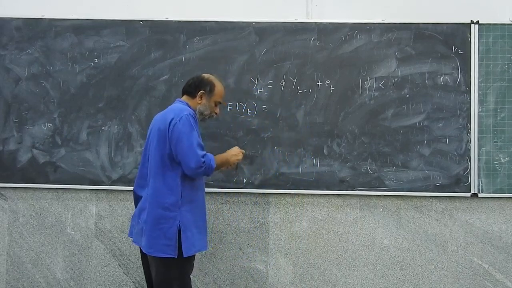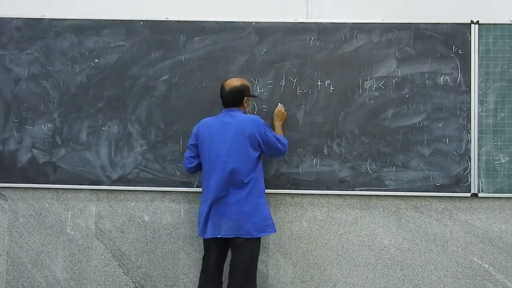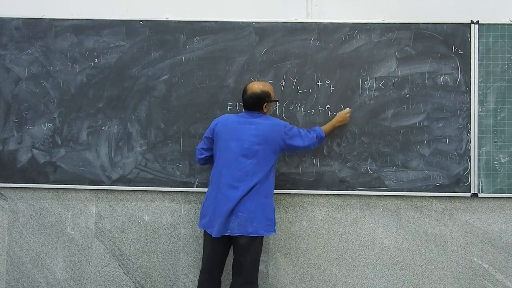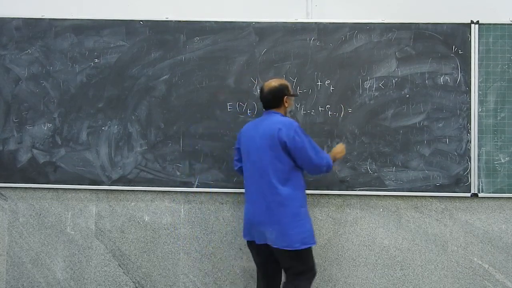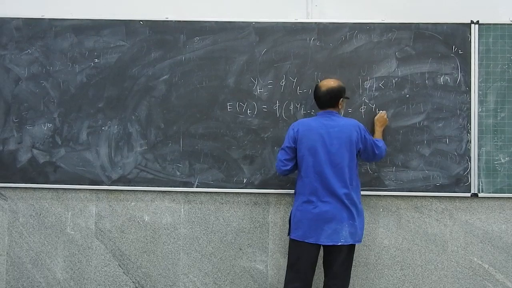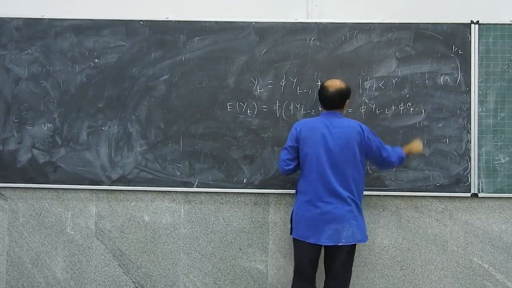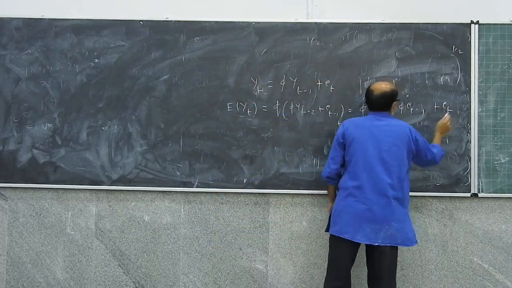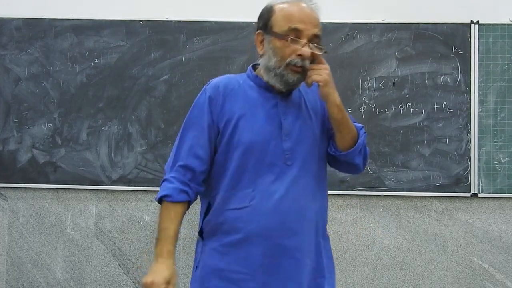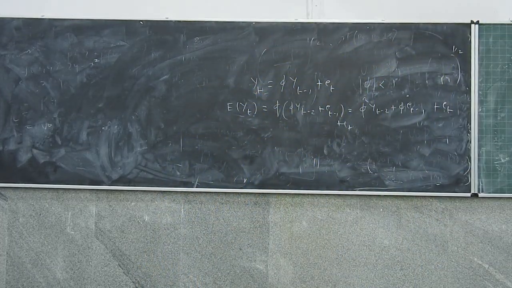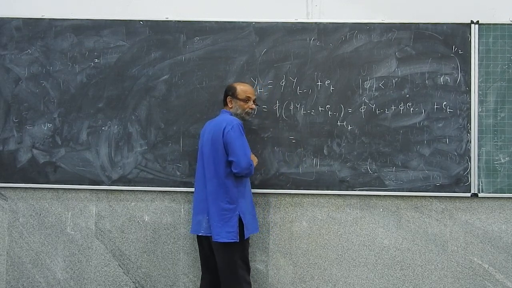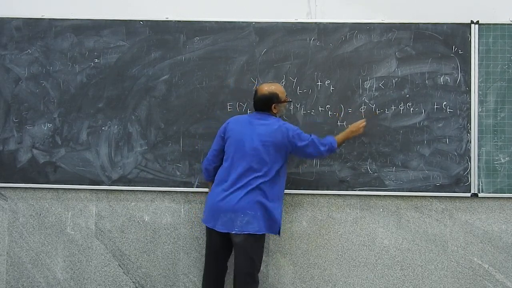The way to prove this properly is to do the following. Sure? If you do this again, what will you get? So you substitute y_{t-2} here.